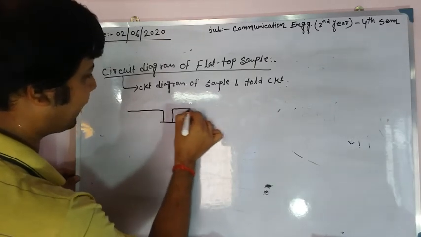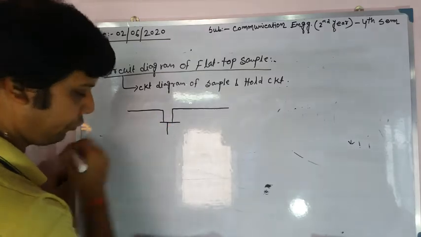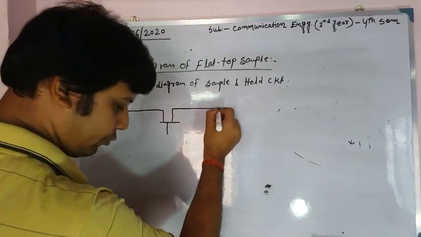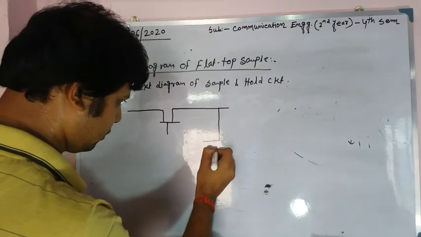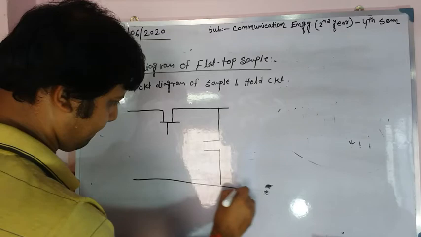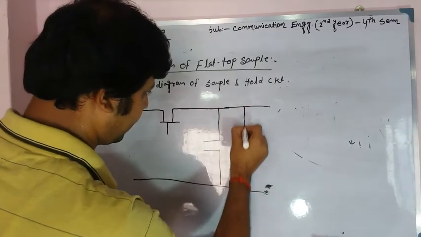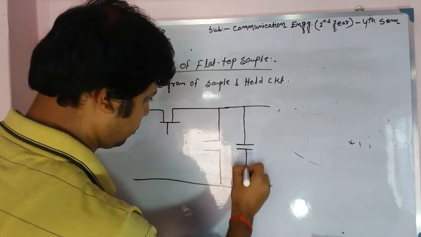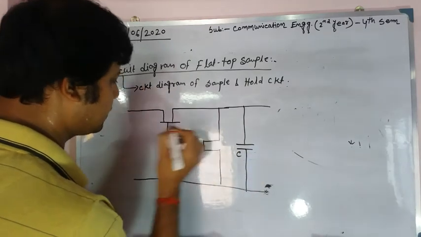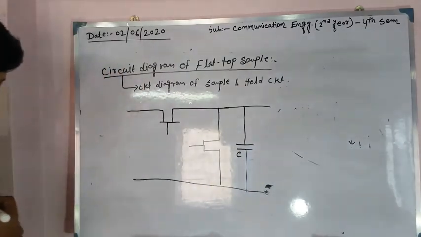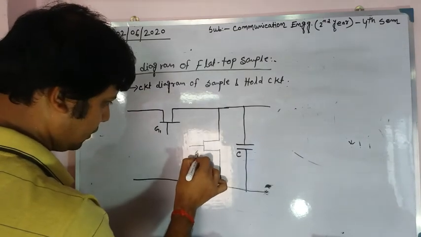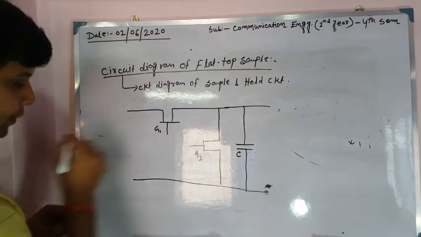Here in the circuit diagram, two FETs are used. This is one FET, and another FET is used. Here also a capacitor C is used. FET means field effect transistor. This is called the G1 gate and this is the G2 gate.